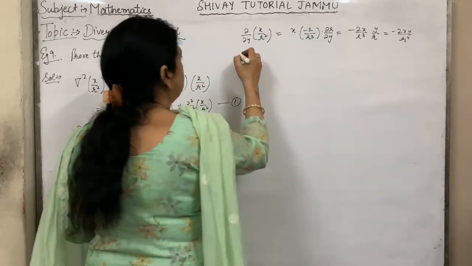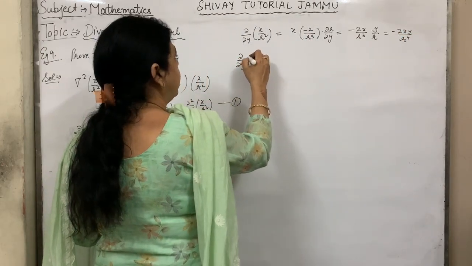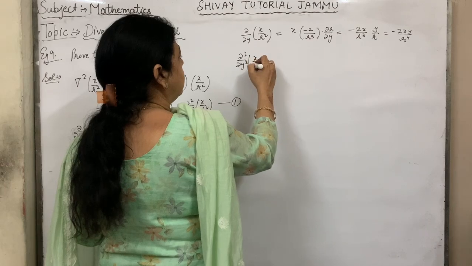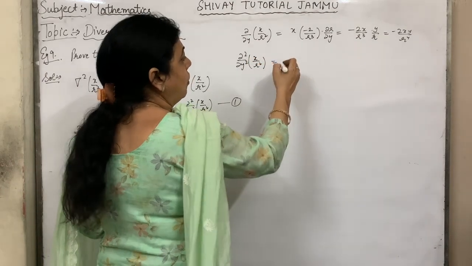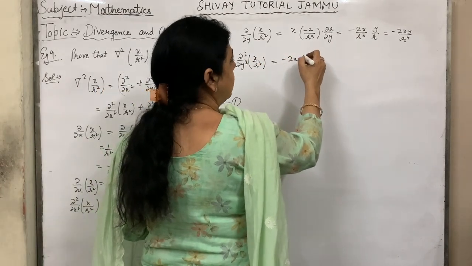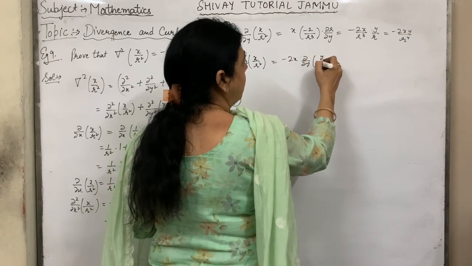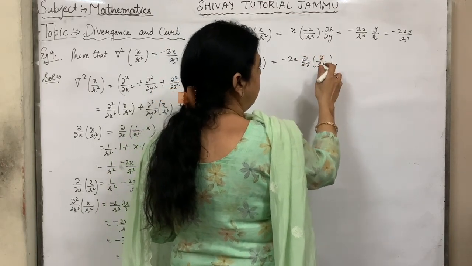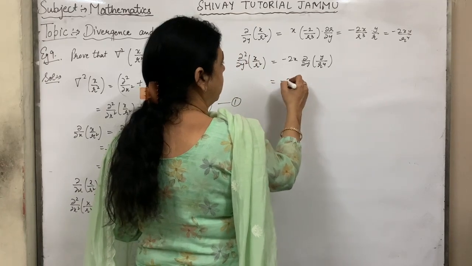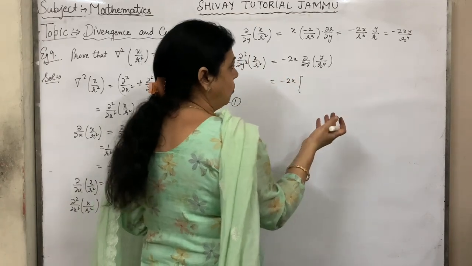Now I will again differentiate this term. Now minus 2x will be constant, and ∂/∂y of y/r⁴. Now I will use the quotient rule here, or you can use the product rule as it is.